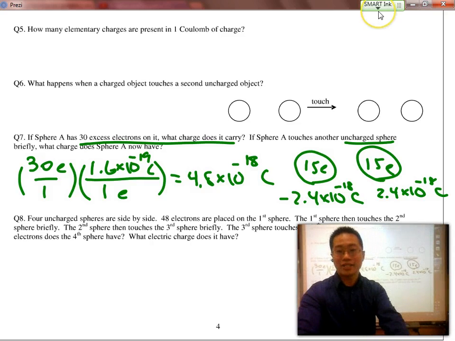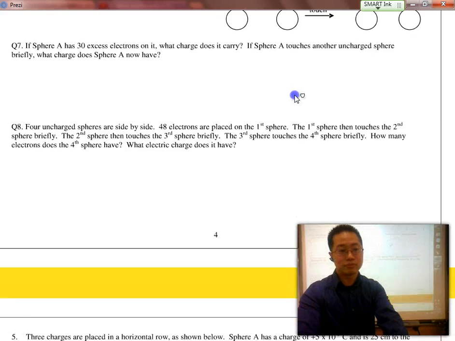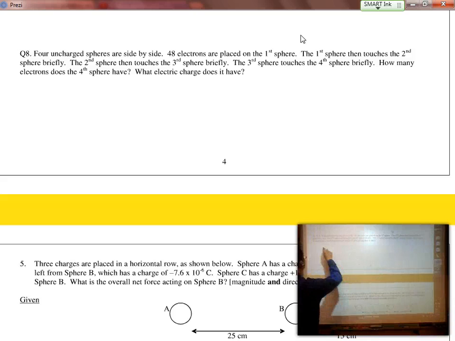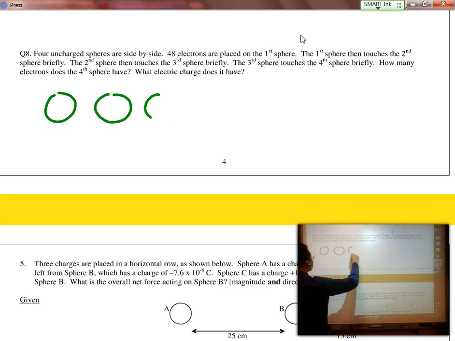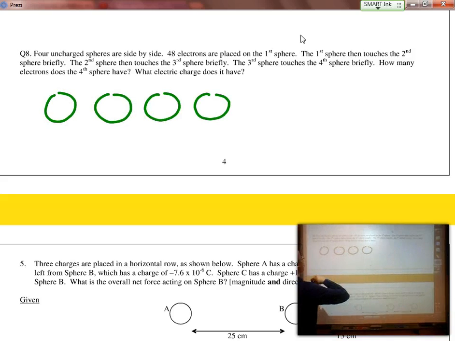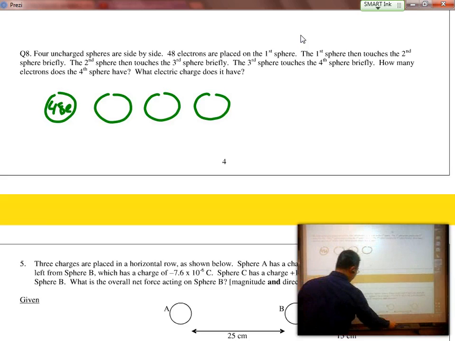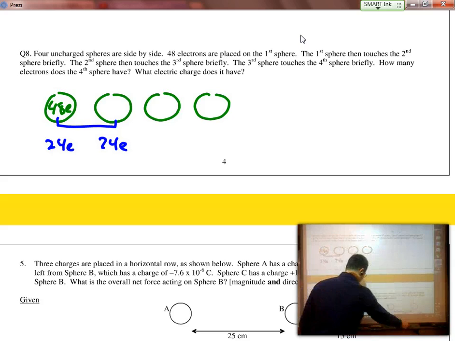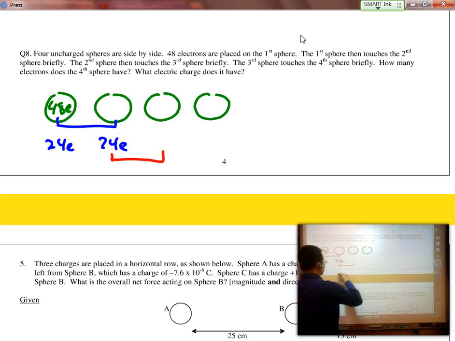Even if we look at the last example now, 4 uncharged spheres are placed side by side. The first one has an excess of 40 electrons. If you touch the first 2 together, it becomes 24 and 24. You touch the next 2 together, you end up with 12 and 12.